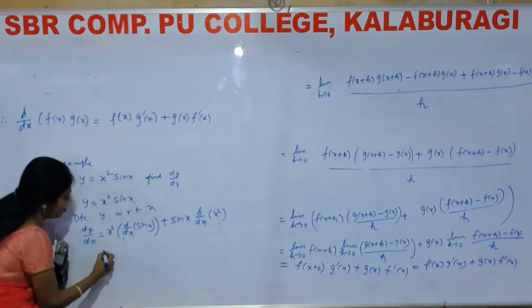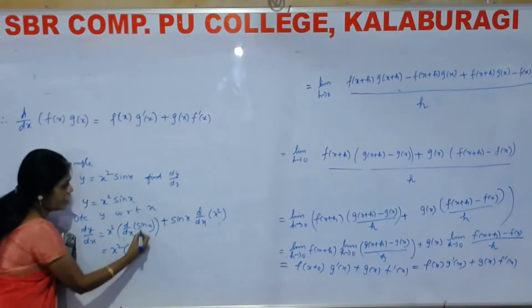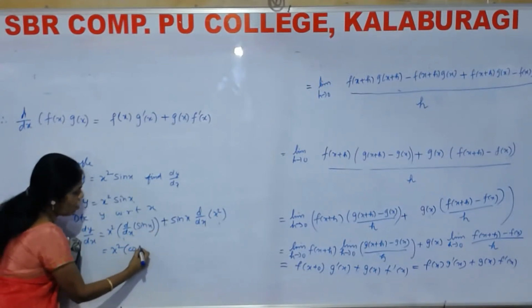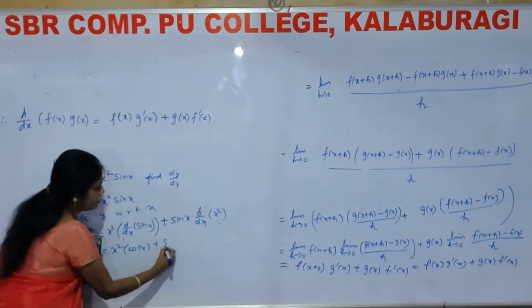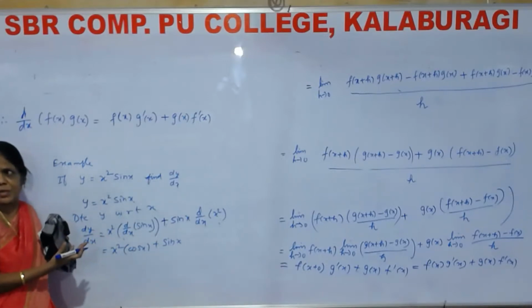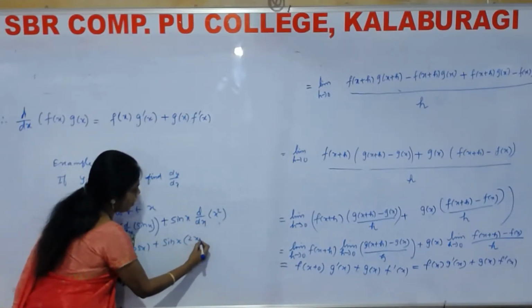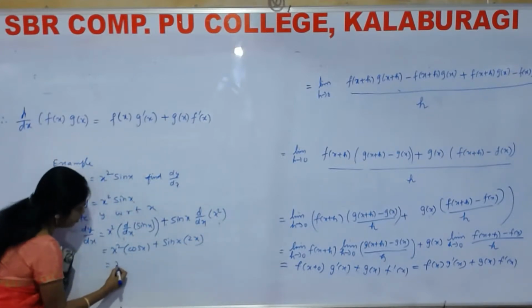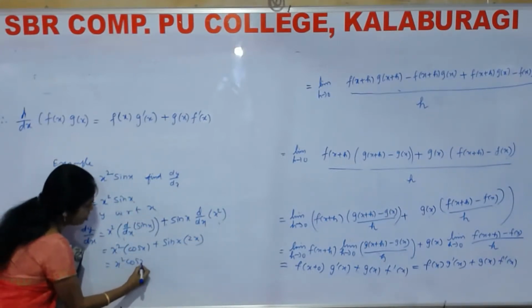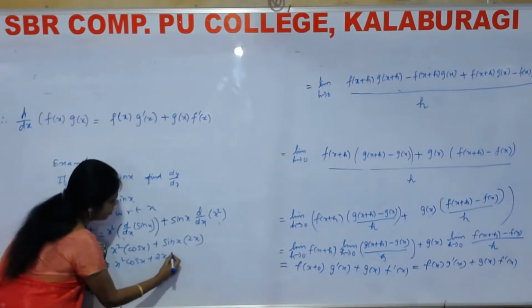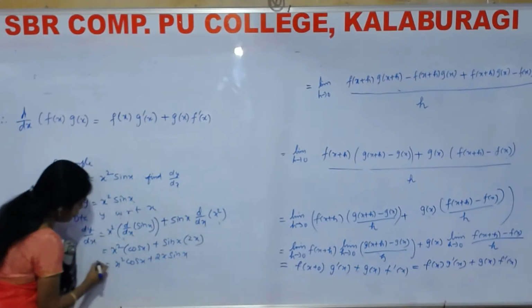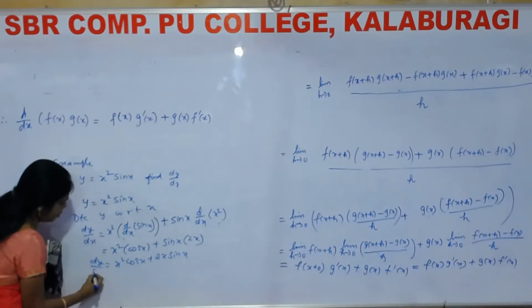It is a product rule. So x squared and differentiation of sin x is cos x, plus sin x is the same. We will not disturb this. And differentiation of x squared is 2x. Now if you write this as x squared cos x plus 2x sin x, that is dy by dx.